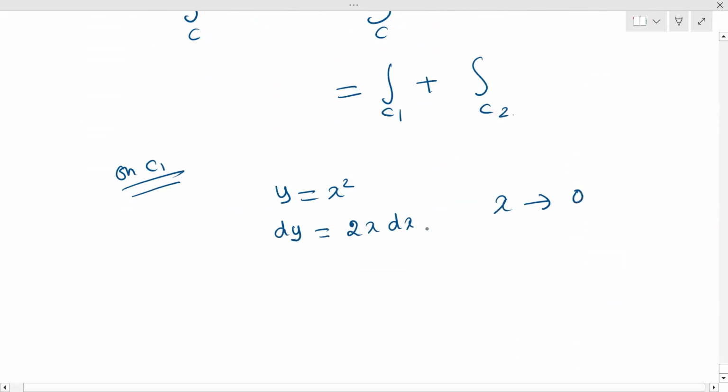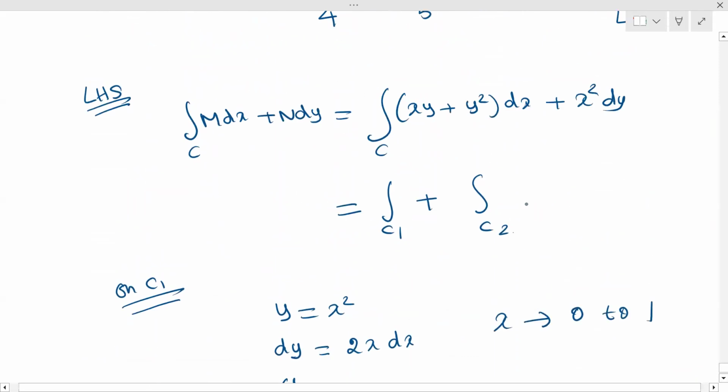So integral over C1 equals, x varies from 0 to 1. In the place of y, we have to substitute x square.